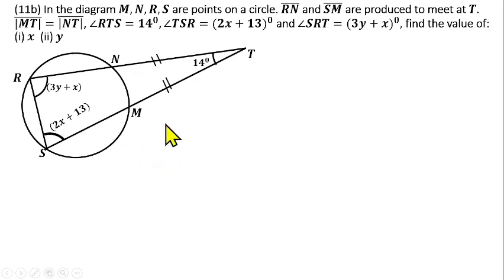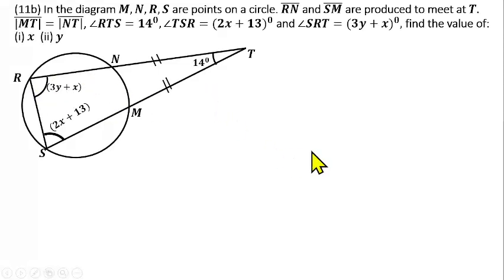Some of you may say this is a triangle with the 3 angles given, so we can sum them to give the sum of angles in a triangle. But don't forget that x and y are the unknowns, so before you can solve for x and y, you need 2 equations to find them simultaneously. If you want to use that method, but there is another way.